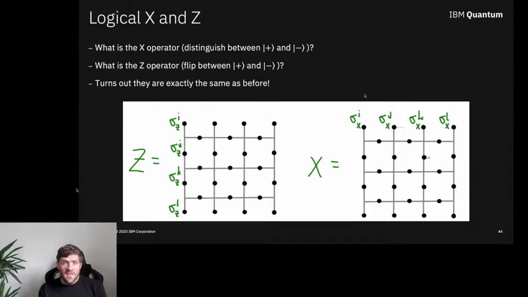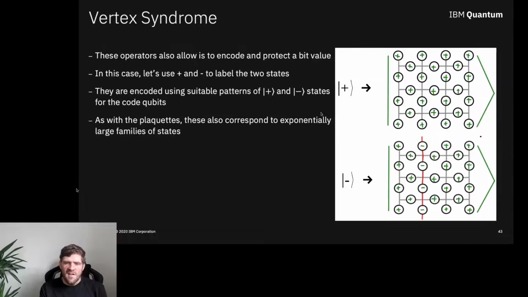So now for this encoding, what are the logical x and z? The logical x is the thing that can distinguish between the plus and the minus states. So if we're thinking of measuring the logical x, we need to be able to distinguish between the plus and minus states. Well, as we saw on the last slide, the plus and minus states are defined by the parity of the pluses and minuses when you do a line from left to right that goes through the plaquettes.